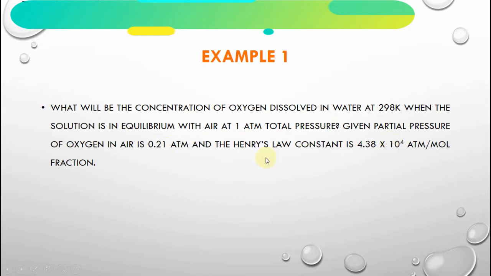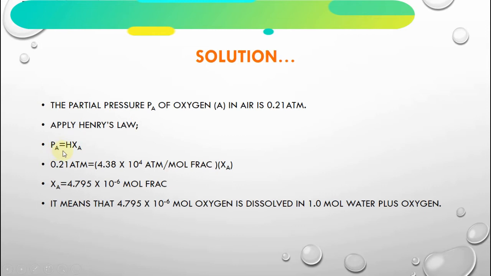As we have learned in the previous session, the equation used for the Henry's law relation is PA equals HXA. By using this equation, we can calculate the mole fraction of a liquid in the mixture, which is XA, by manipulating this equation.